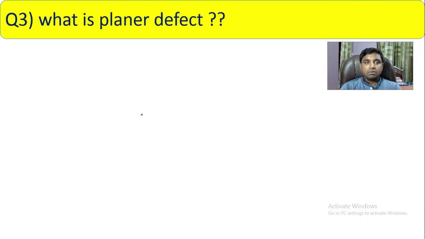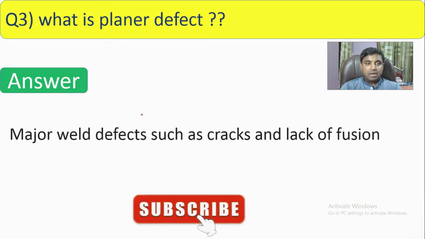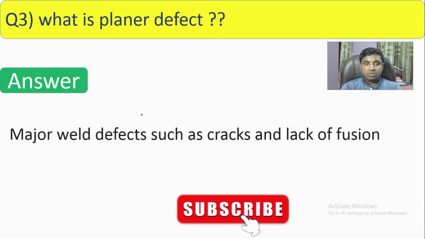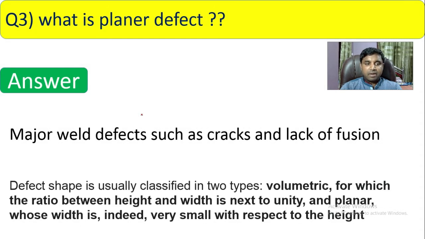Question number 3, what is planar defect? The answer is major weld defects such as cracks and lack of fusion, that is called planar defect. The defect shape is usually classified into two types. One is volumetric, for which the ratio between height and width is close to unity, meaning your defect will have both height and length.